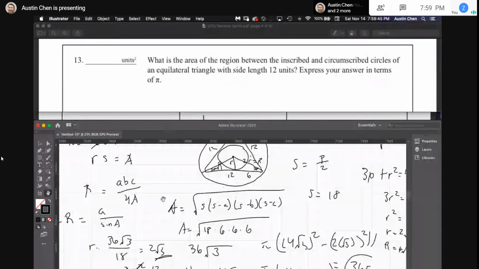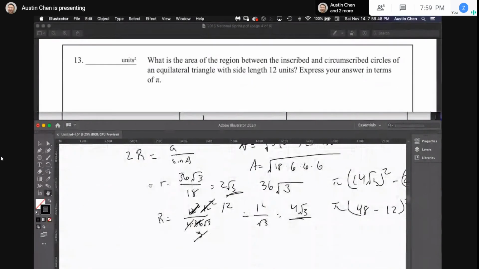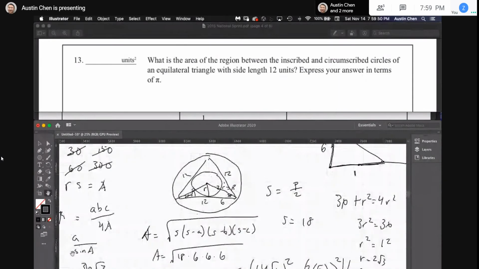You can also know that the circumradius is twice the inradius because the point where the circumradius and the inradius come from is also the centroid, because it's an equilateral triangle.